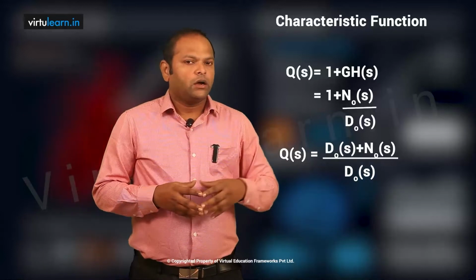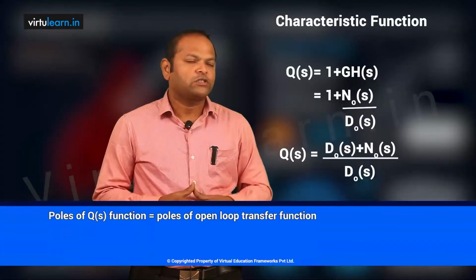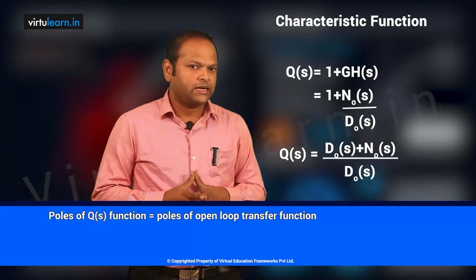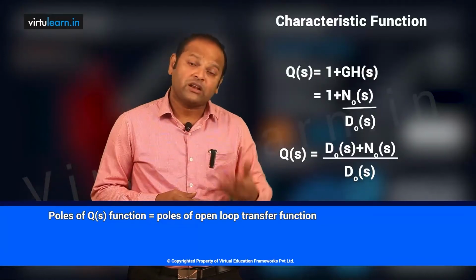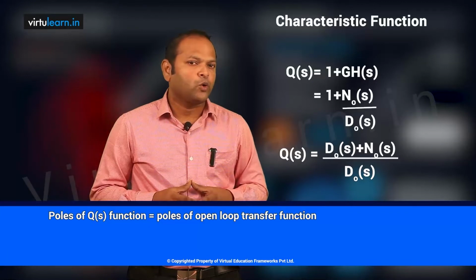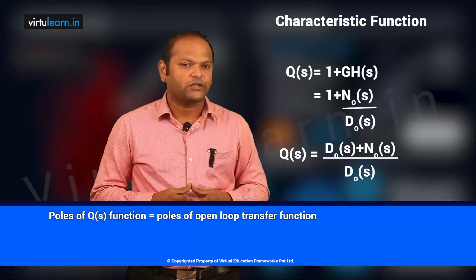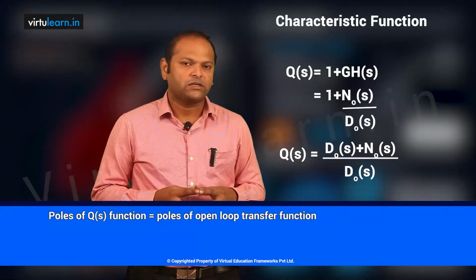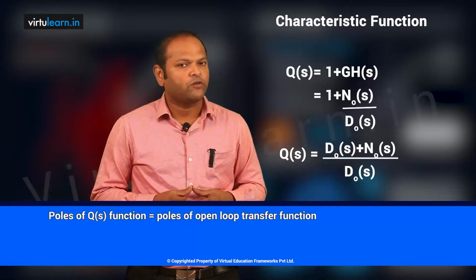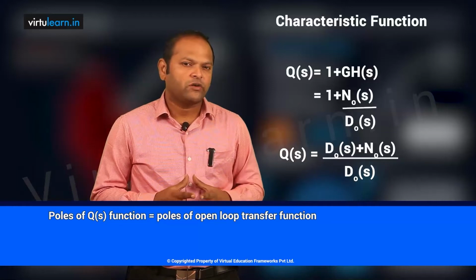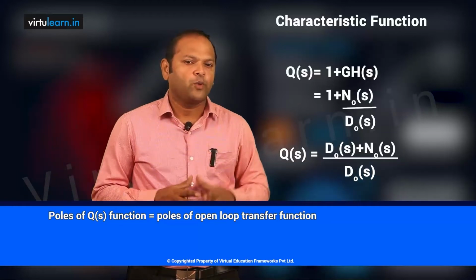Look at the poles of this Q of s function. The poles of Q of s are the roots of D naught of s, which are nothing but the poles of the open loop transfer function. So the poles of Q of s function are open loop poles.